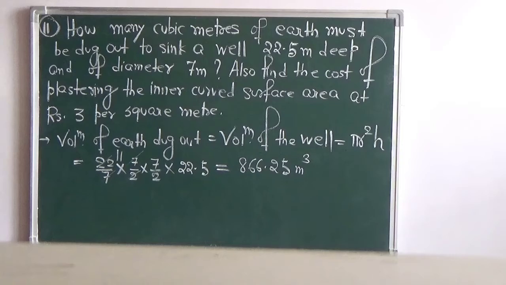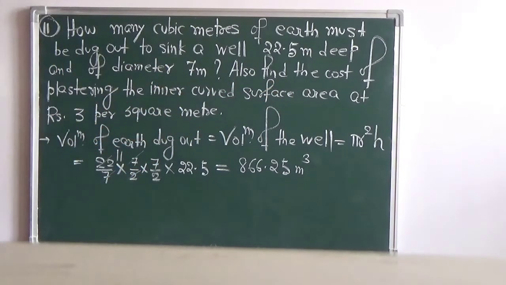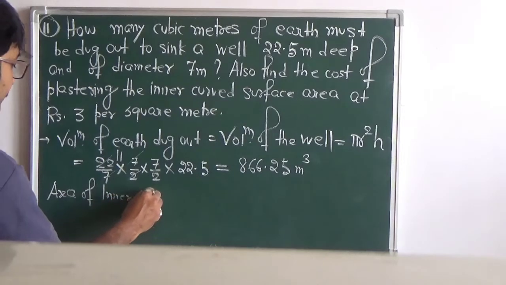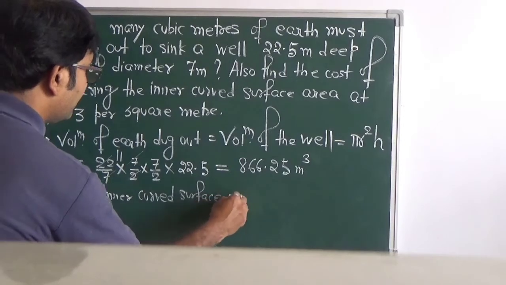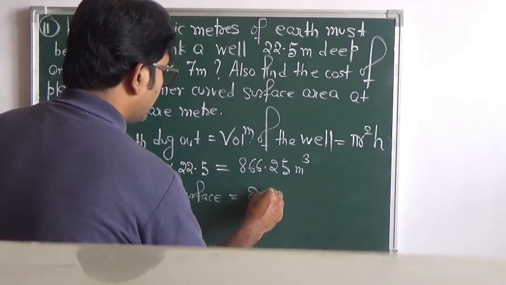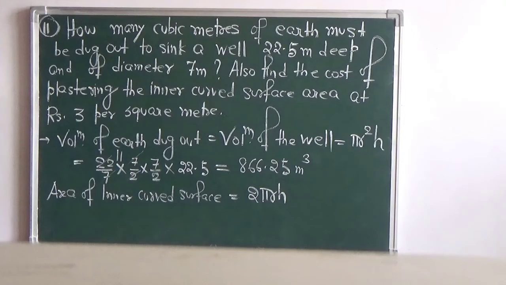Now the second part of the question is also find the cost of plastering the inner curved surface area. So the inner surface of the well, we have to find the curved surface. So area of the inner curved surface is equal to 2 pi r h. So the curved part of this well is the curved surface area. Now let us put the values.